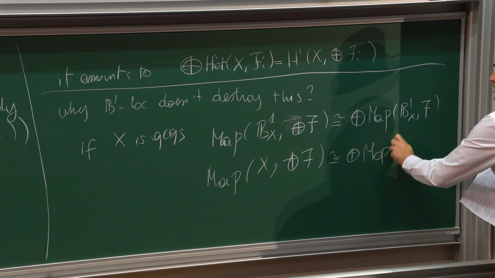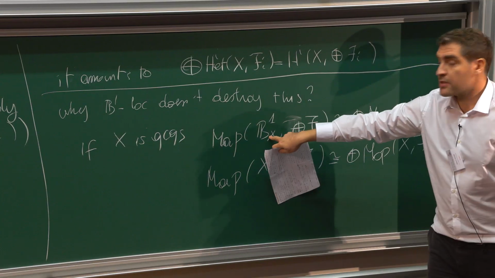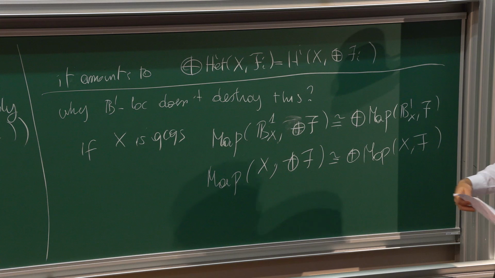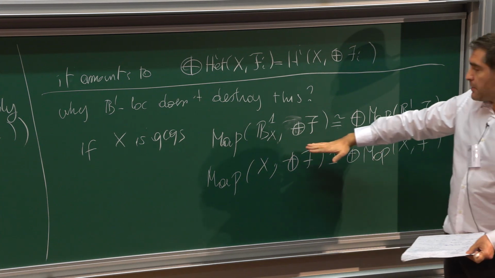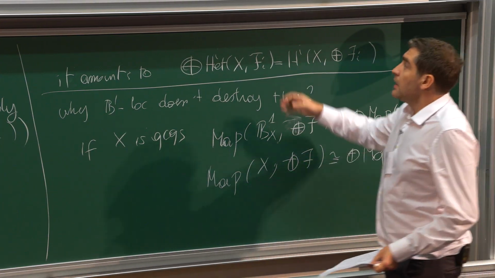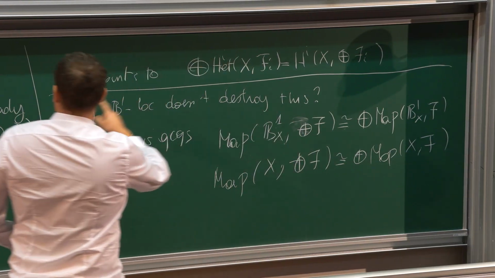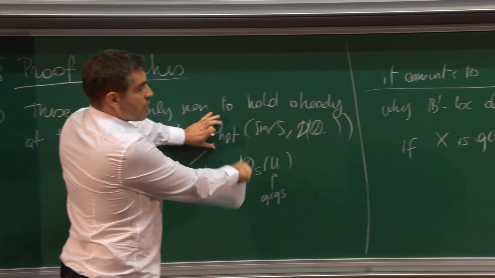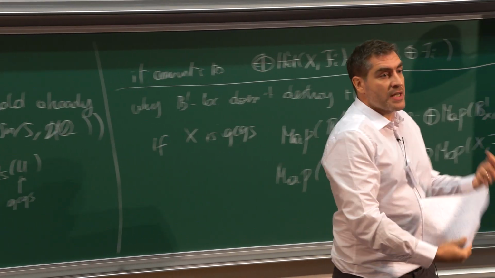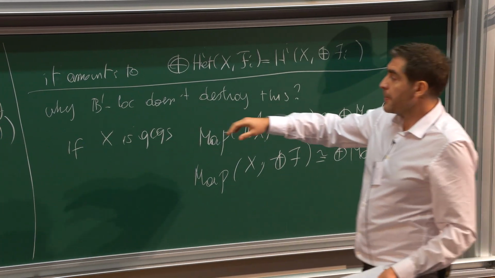This holds by definition. And the reason why this is true is that B1 is quasi-compact itself. So if X is quasi-compact, then B1X is again quasi-compact. Now, this means that these agree if and only if these agree. And in particular, you see that B1 local objects in here are closed under direct sums, which tells you dually that the localization sends compact objects to compact objects by formal nonsense.